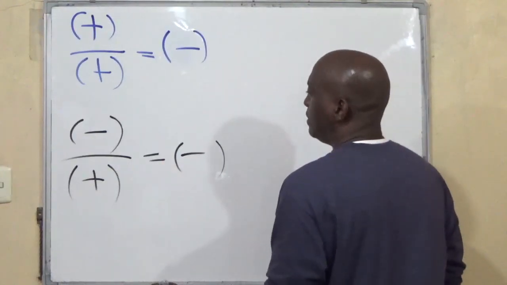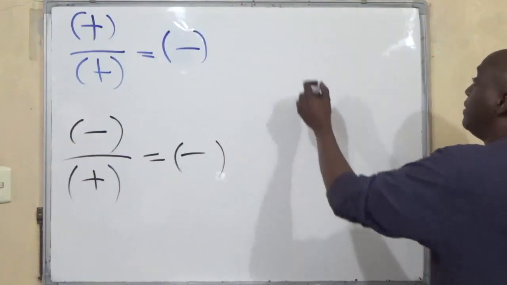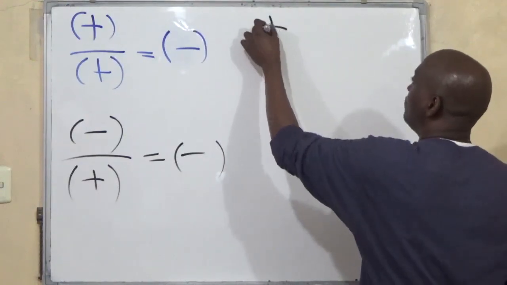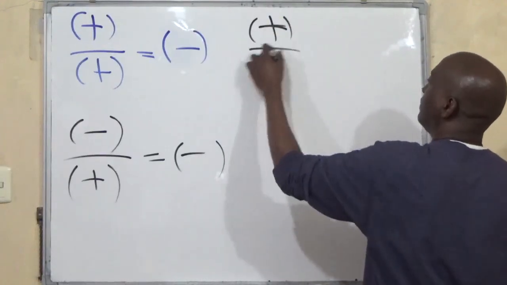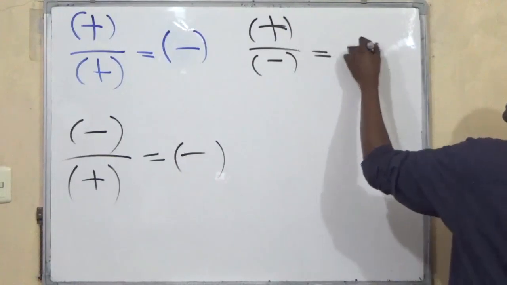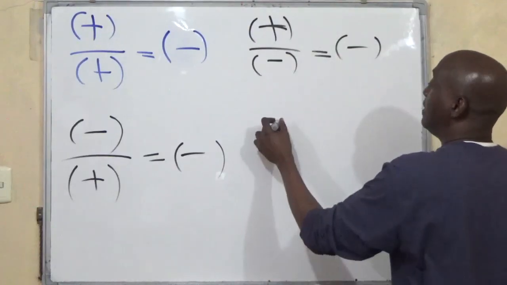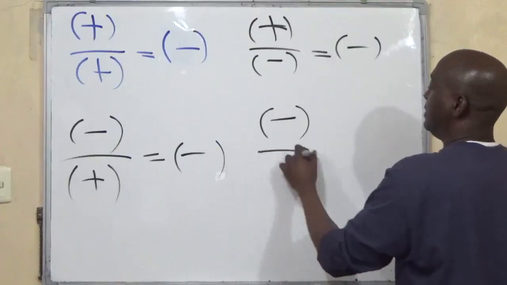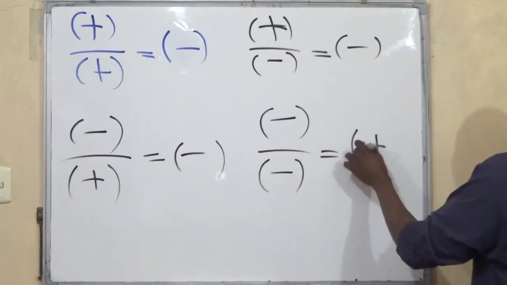We said at the end there, let us go in order now, that positive divided by negative is equal to negative. And we also said that negative divided by negative will give you positive.